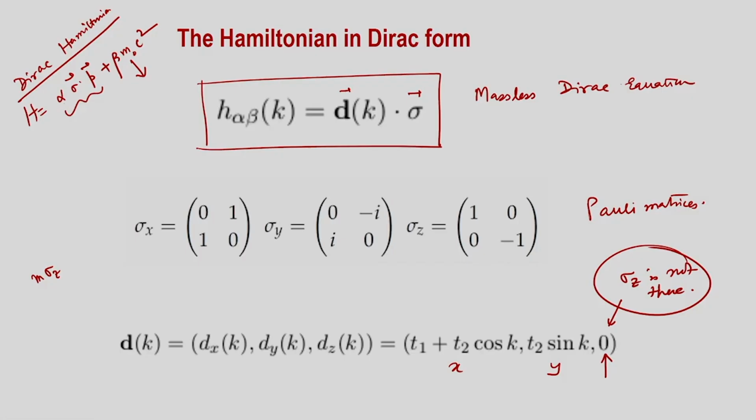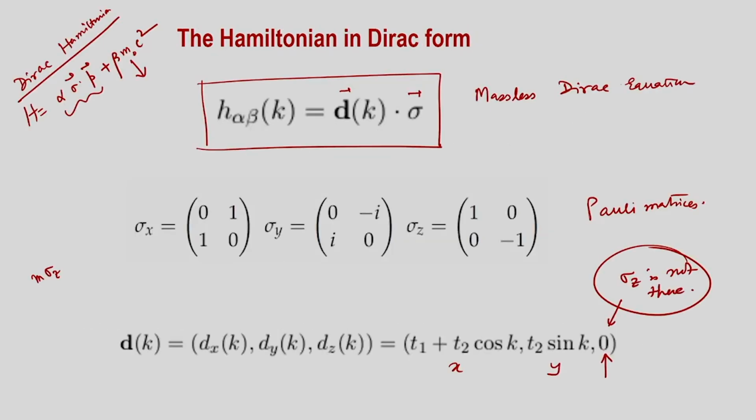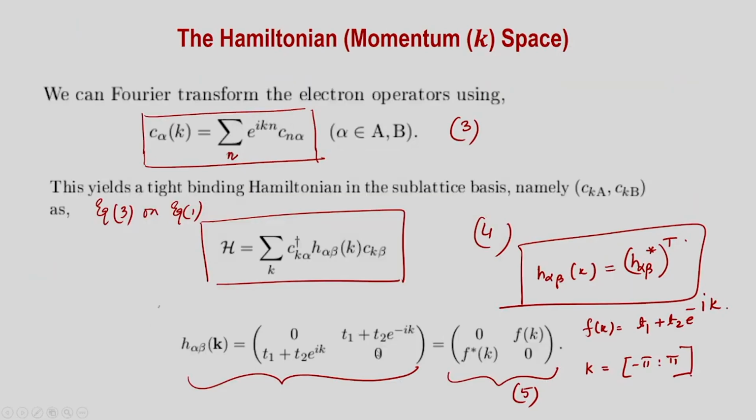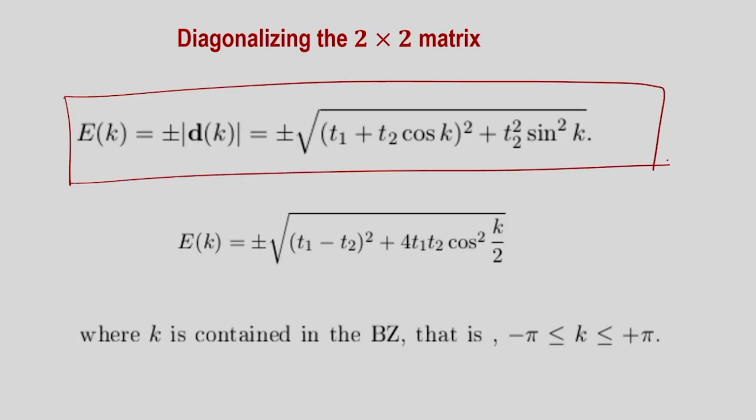So this is the idea, and then we diagonalize the 2 by 2 matrix, which is very easy for us to do. This is the matrix that you diagonalize, equation number 5, with f k and f star k. We find that E k is the energy dispersion for this problem, the square root of (t1 plus t2 cos k) squared plus t2 squared sin squared k, and there are 2 bands coming from the plus and the minus sign.